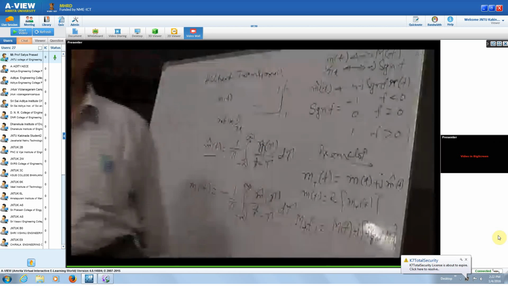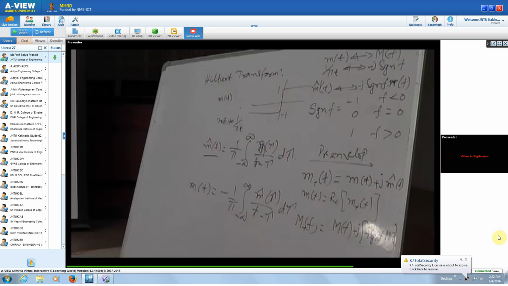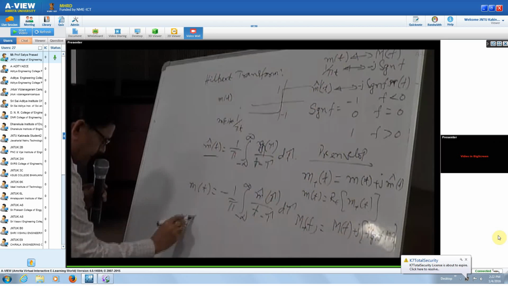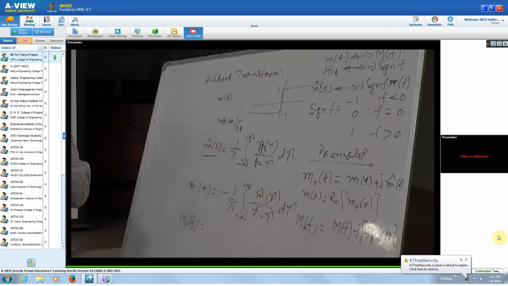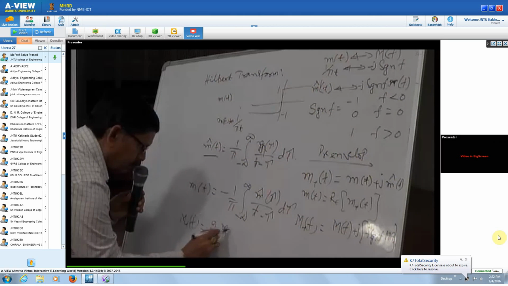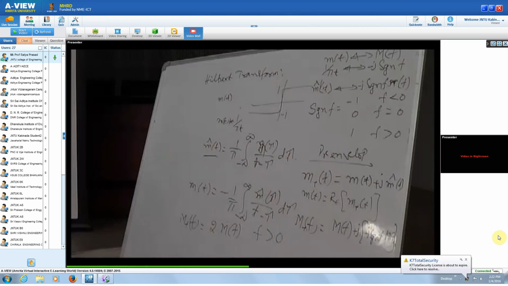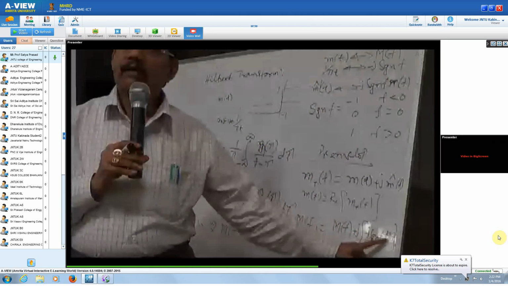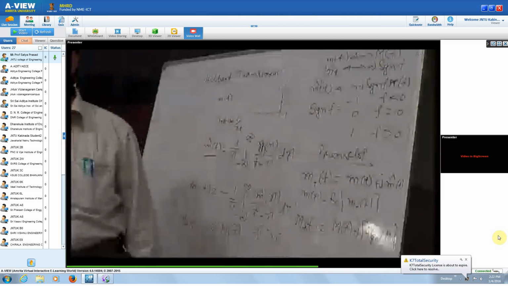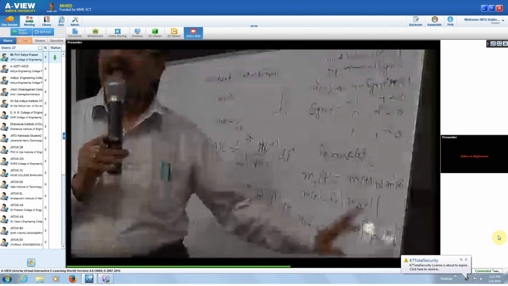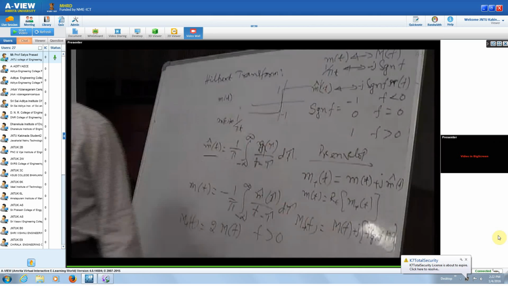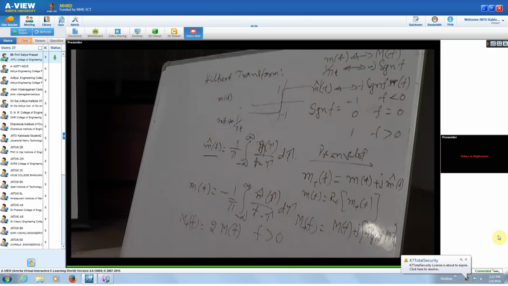So m plus signum function of f times m of f. Therefore, your m plus of f will be equal to 2 m of f for f greater than 0. Because f is greater than 0, the signum function is equal to 1, so j and j cancel out and we only have m of f plus m of f, 2 m of f.